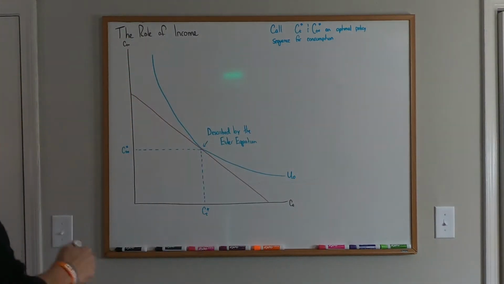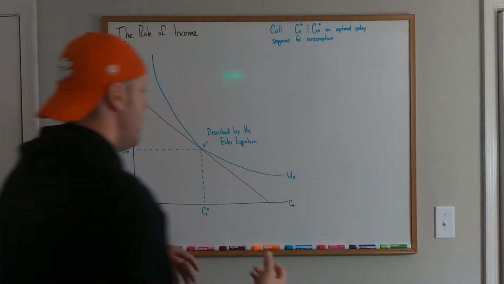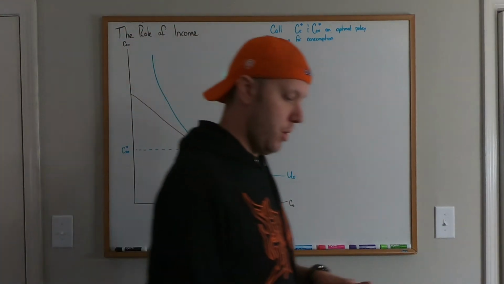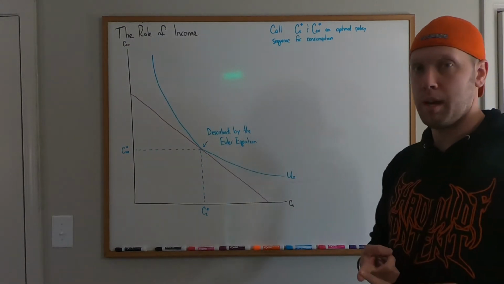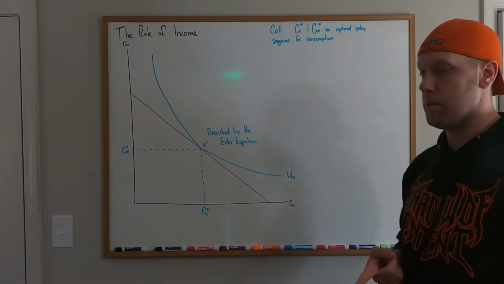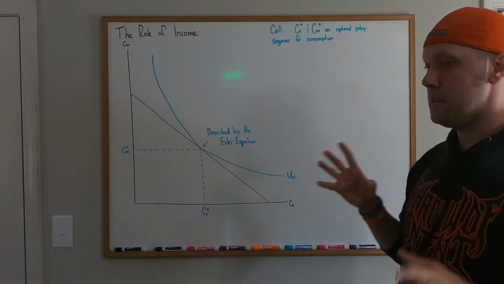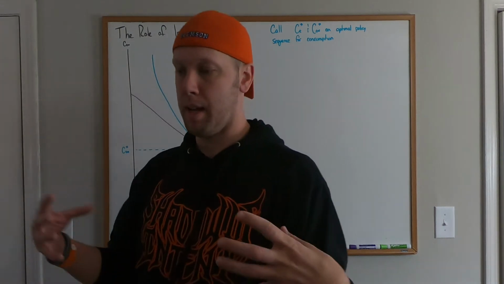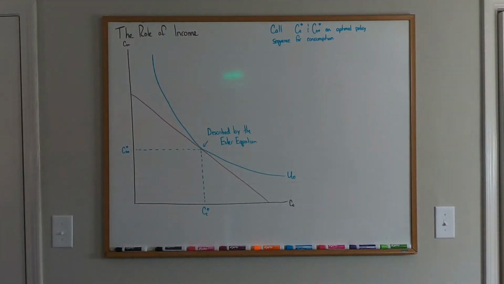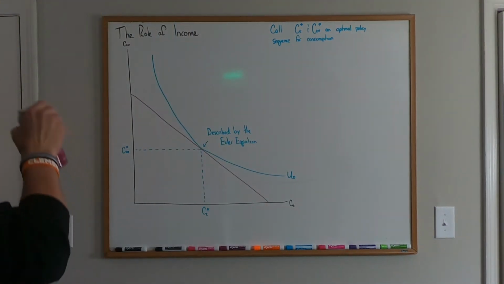But the interesting thing, though, is we've got two periods. We've got period 1, period 2. We've got income in period 1, period 2. We have consumption in period 1 and period 2. Right? Because these two periods are interrelated, right? There's a dynamic element. There is something that is tying period 1 to period 2.